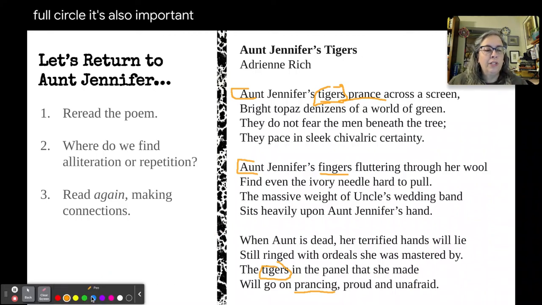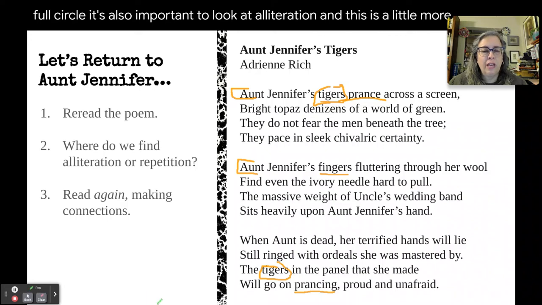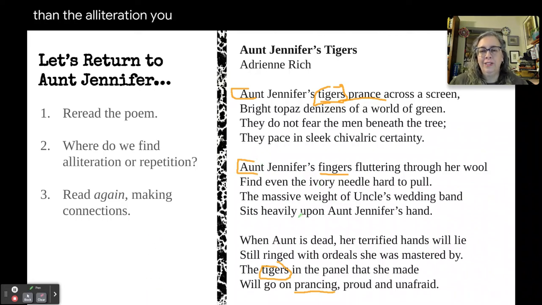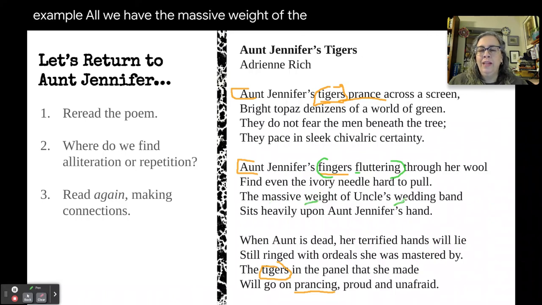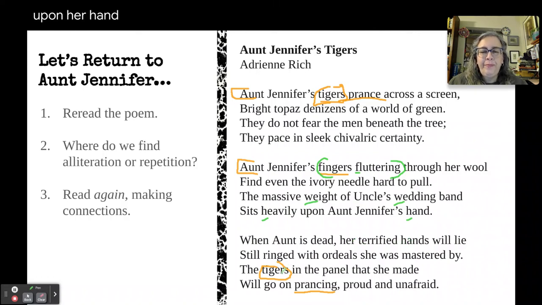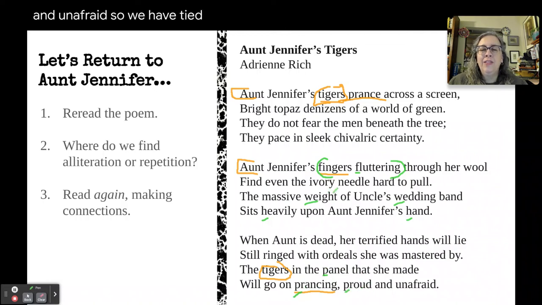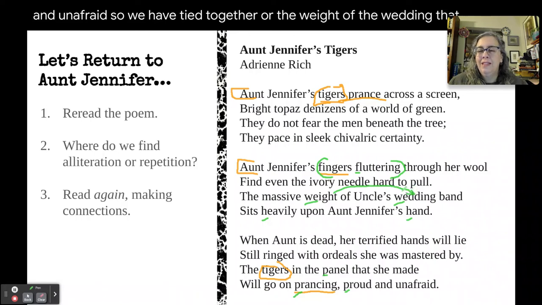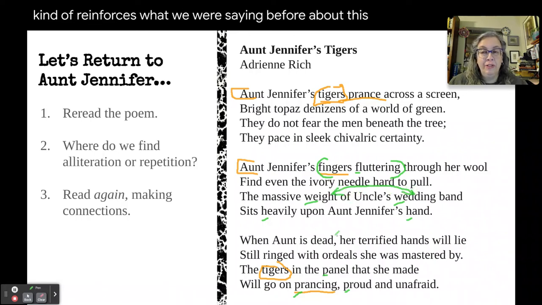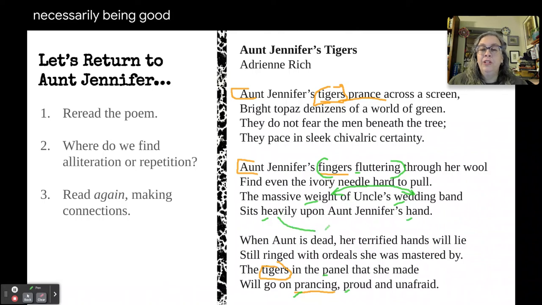It's also important to look at alliteration, and this is a little more subtle than the alliteration you'll find in, for example, Lin-Manuel Miranda, but you have, for example, her fingers fluttering through her wool. We have the massive weight of the wedding band that sits heavily upon her hand. And meanwhile, the tigers in the panel will go on prancing, proud and unafraid. So we have tied together the weight of the wedding, which reinforces what we were saying before about this marriage not necessarily being good, which sits heavily upon her hand.